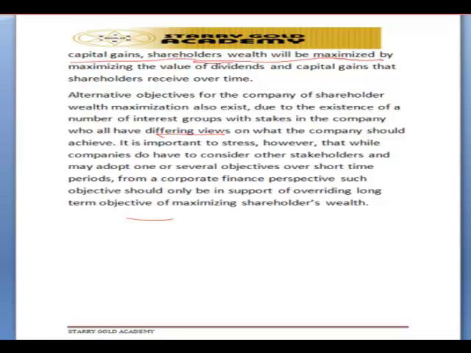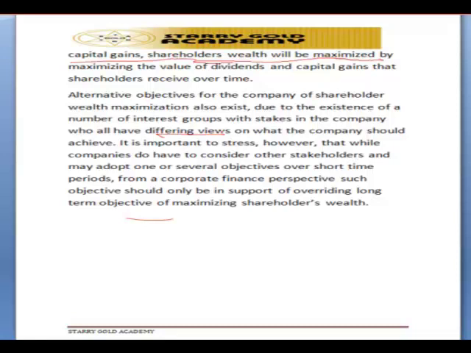Why did I say that? Like I explained a while ago, shareholders will want their wealth to be maximized by increased dividend, one. Number two, increased capital gain. If you want to achieve that, you may be jeopardizing the interest of other stakeholder groups, like the public.